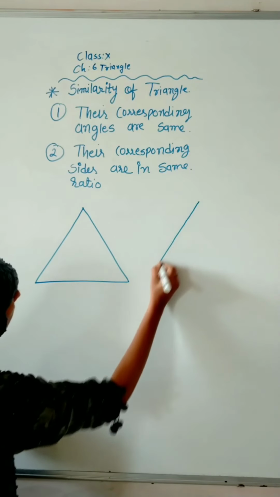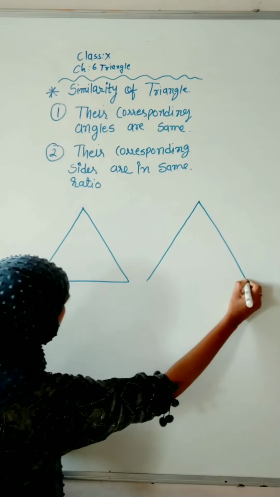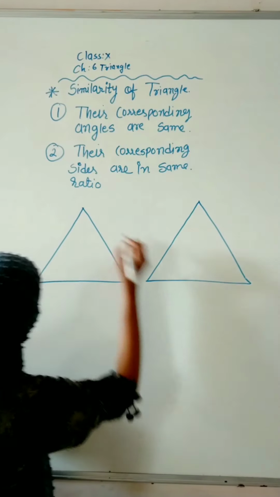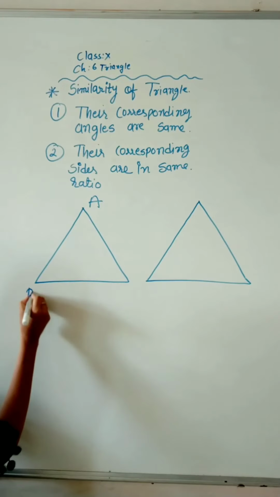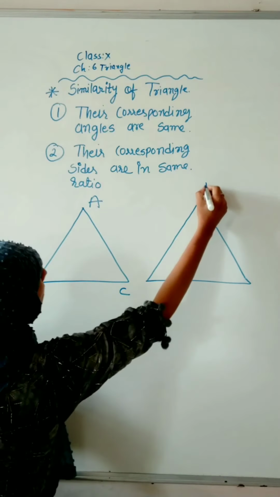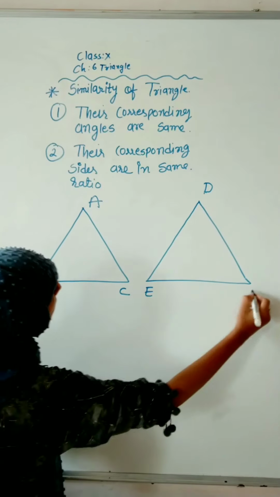If we have two triangles, one triangle as ABC and another triangle as DEF.